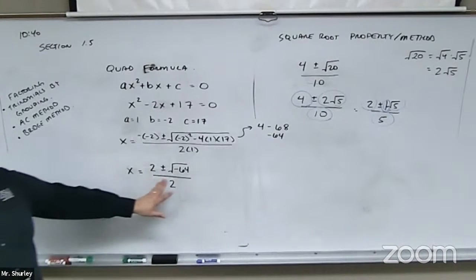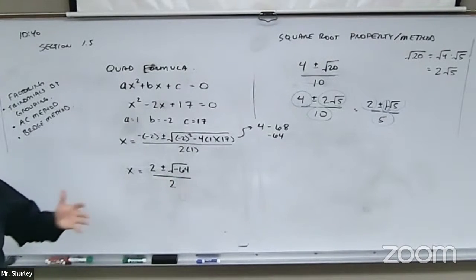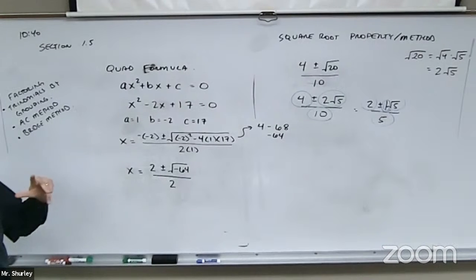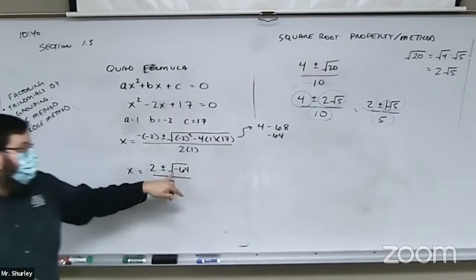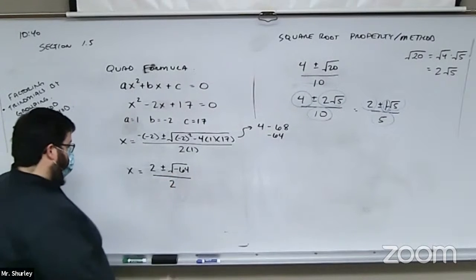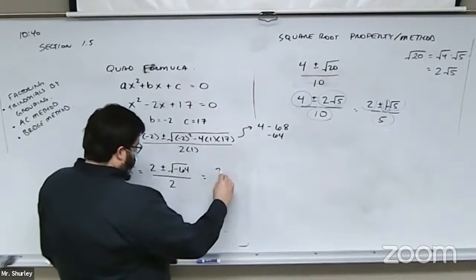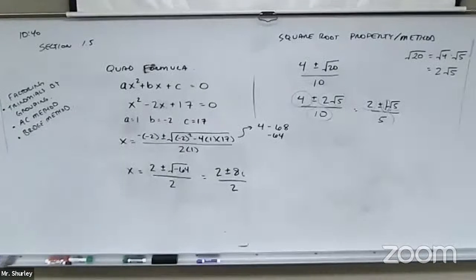Now, look, square root of -64 is not bad. I know the square root of 64, which is just what? 8, right? Now, it's negative, so what does that mean? We get 8i. Okay, so we get 2 plus or minus 8i all over 2.